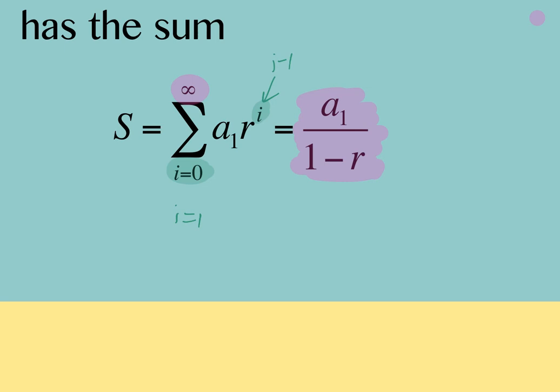You can always find the first term by taking the number on the bottom and plugging it in if you're unsure. That's always your A1. If this is 0, this will just be the variable, and then you can still take the A1. If this is 1, this would be i minus 1, and then you can still take the A1. If you're unsure, the first term is your A1. You can always take the bottom number and plug it in, okay? So if it throws you off.